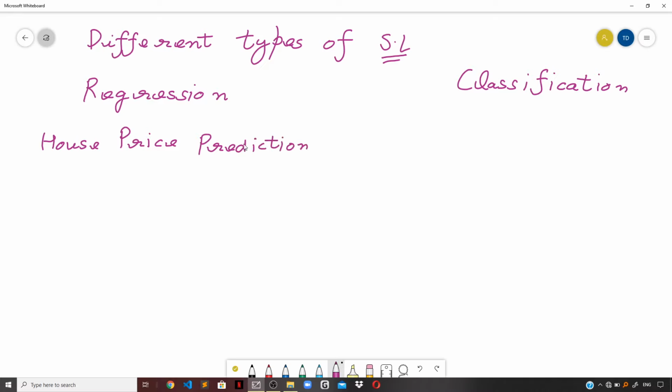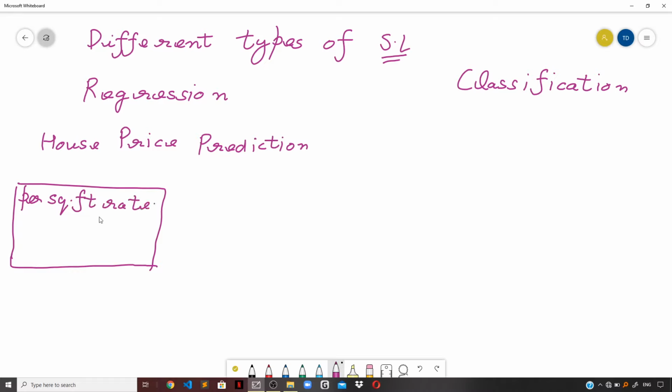Let us assume some input variables, which I'm enclosing in a square box. Let us say we have the per square feet rate of your property. So this is one input variable. Then we have locality, where your house that you want to sell is located. Then we have rooms count.